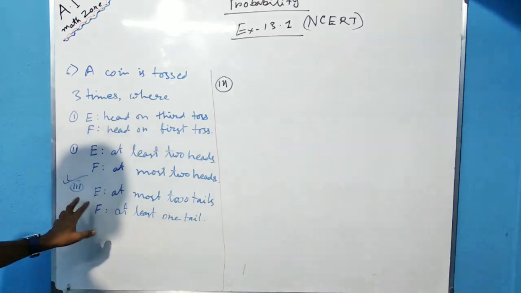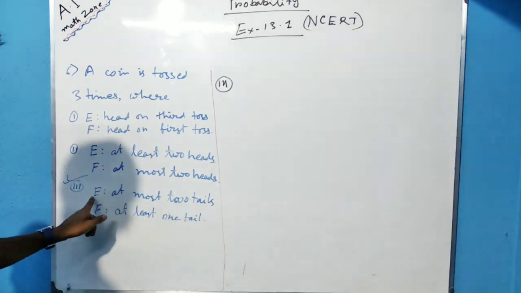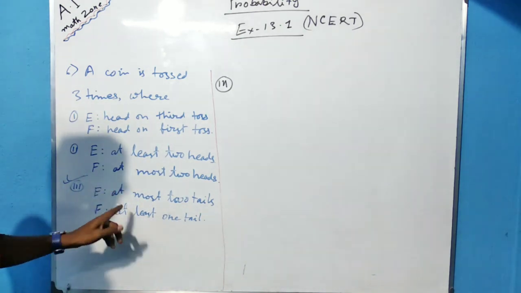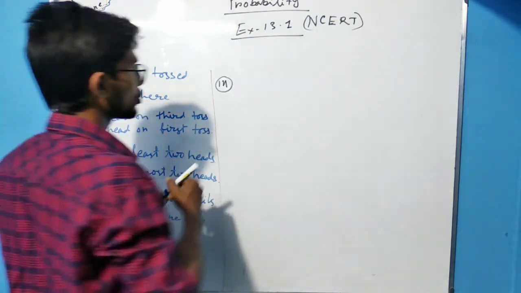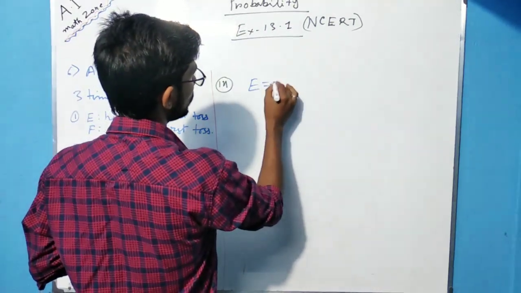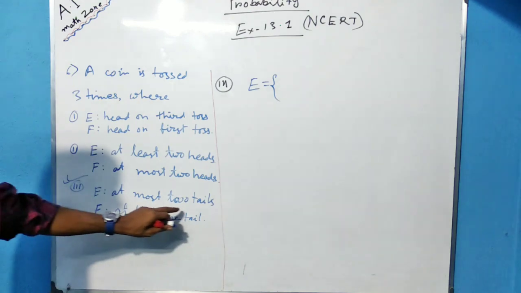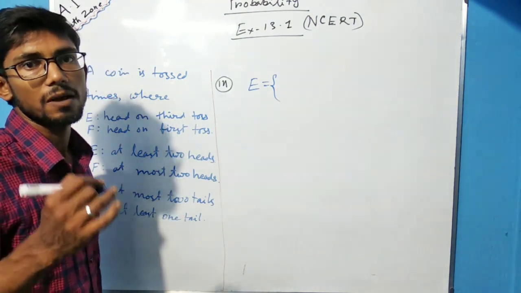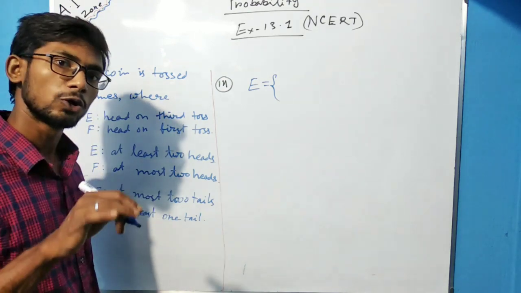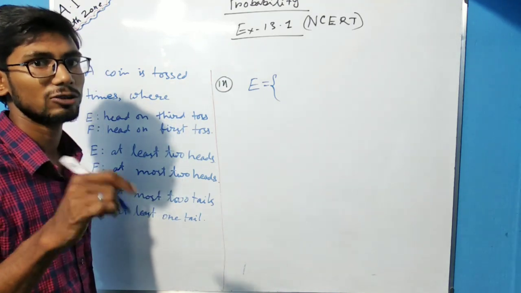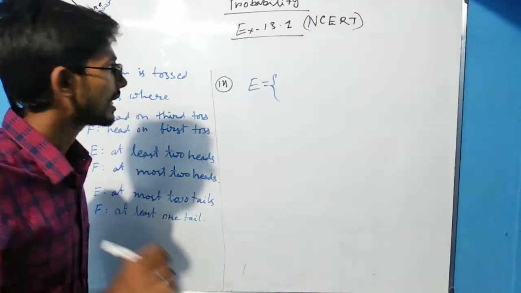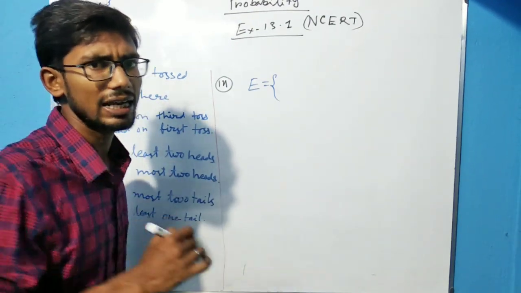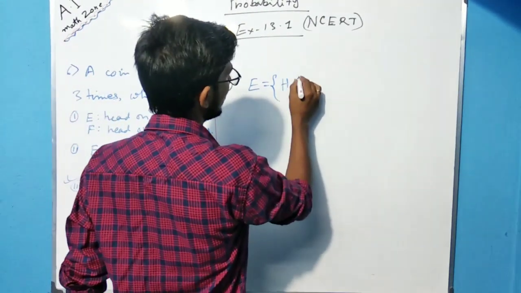Okay, so I'm solving the third part, right? See here, E is the event at most 2 tails, so you can write E is equal to at most 2 tails. That means the maximum number of tails is 2. That means no tail is allowed, 1 tail is allowed, and 2 tails are allowed, right? Where there is no tail, all are heads: head, head, head.